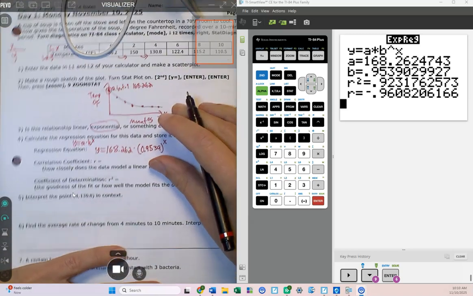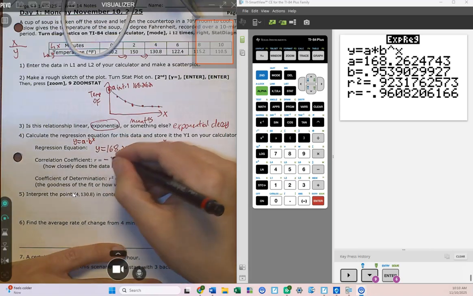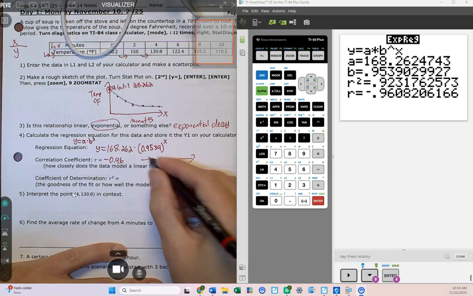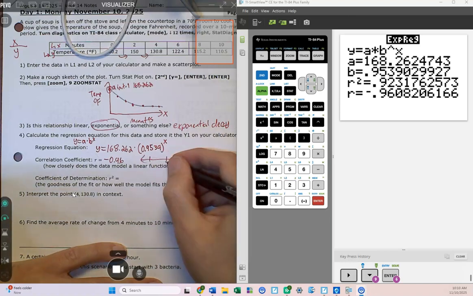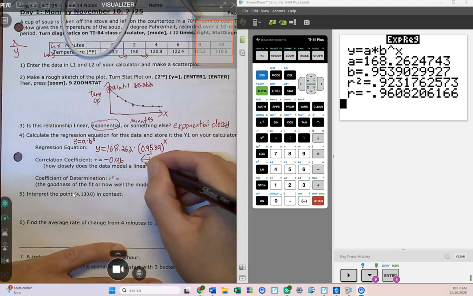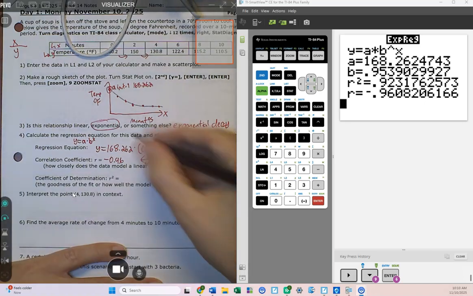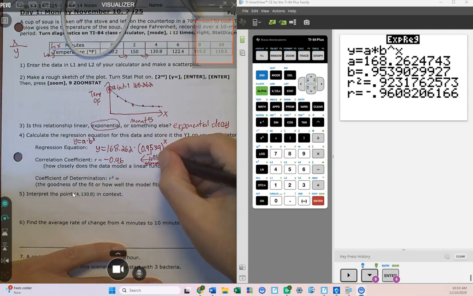Okay, my R value, how closely is it? Okay, so the closer you get to -1, the stronger it is. So that's really close to -0.96.